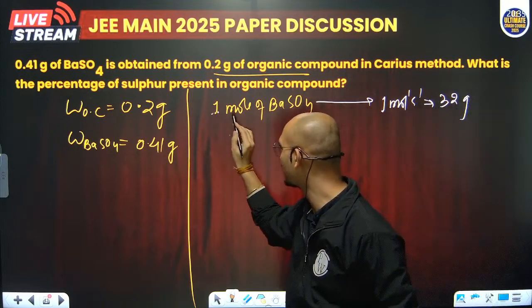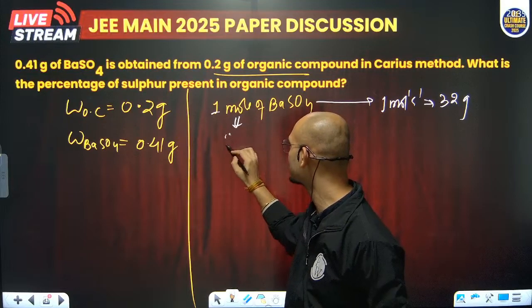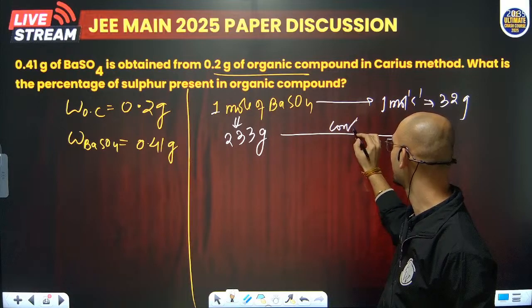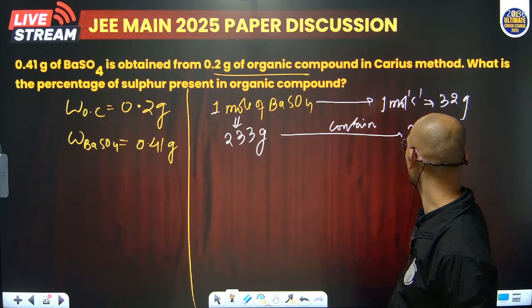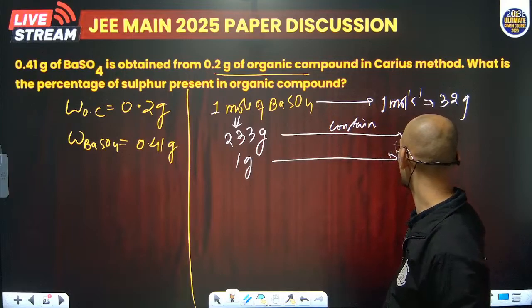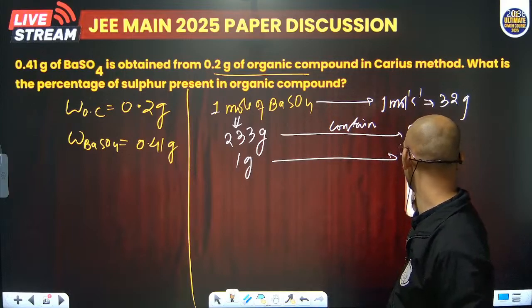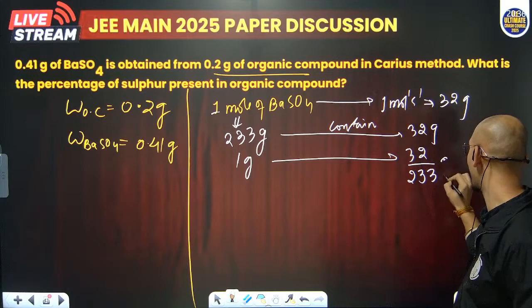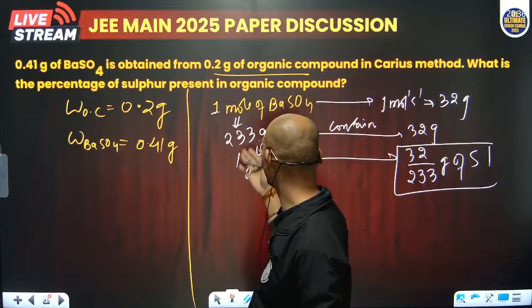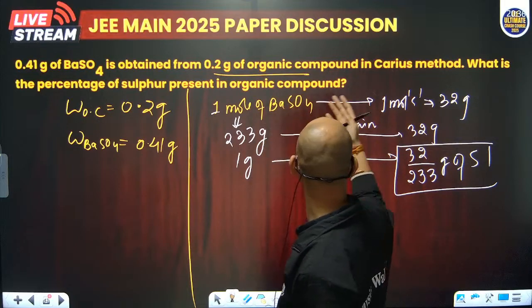And 1 mole of barium sulfate has how much mass? 233 gram. So 233 gram contains 32 grams. So 1 gram will contain 32 by 233 gram of sulfur. Yes or no? Easy hai bhai. So what is given here? How much of the barium sulfate have we got?